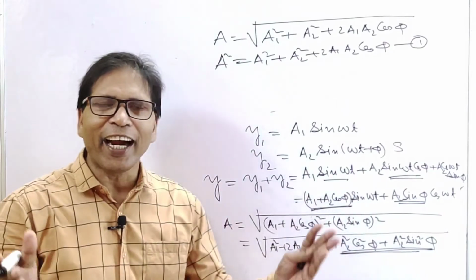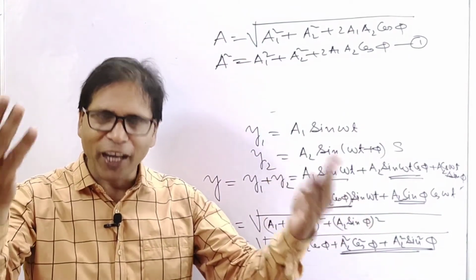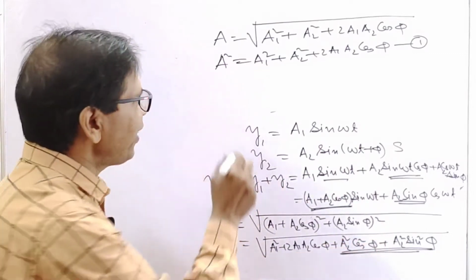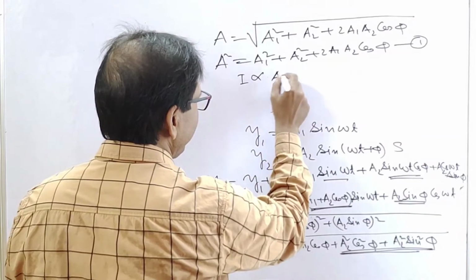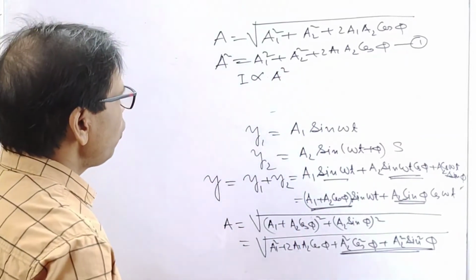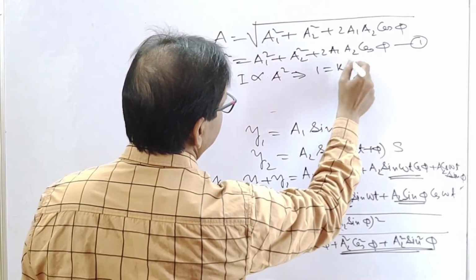Now the intensity at the point P is directly proportional to the square of the resultant amplitude. That is, I is proportional to A square, so I equals K A square.